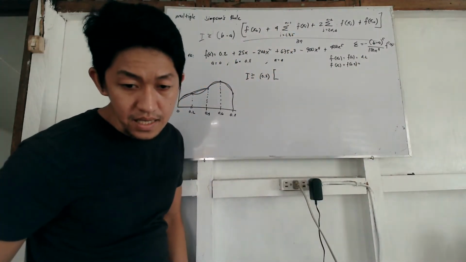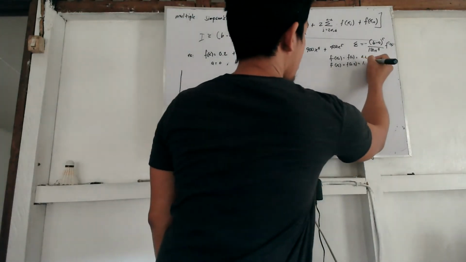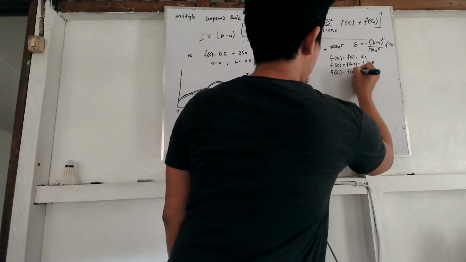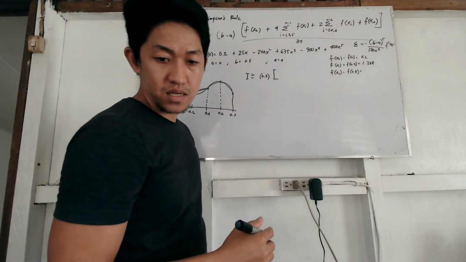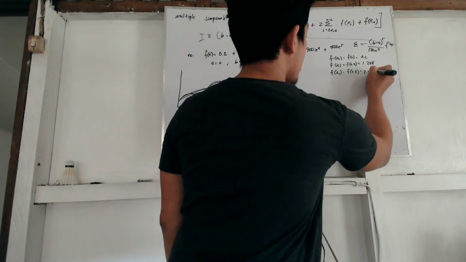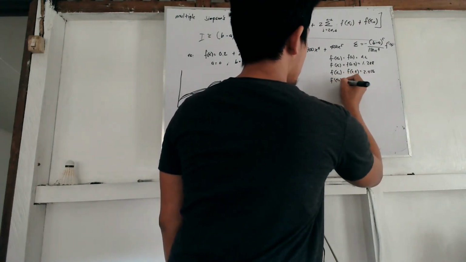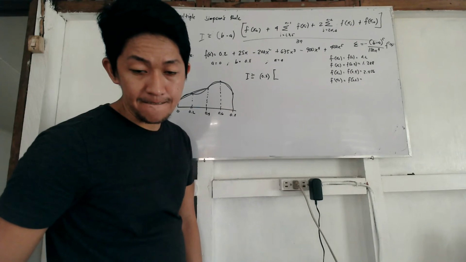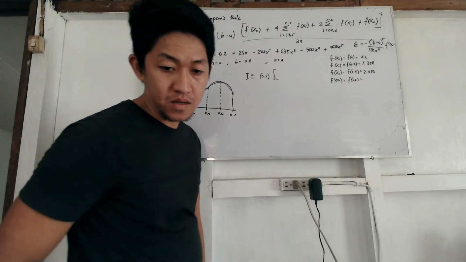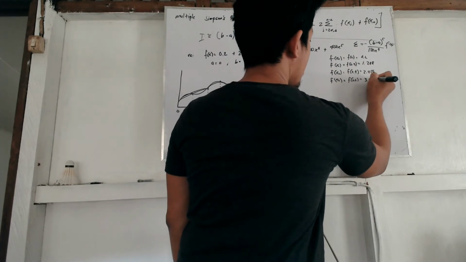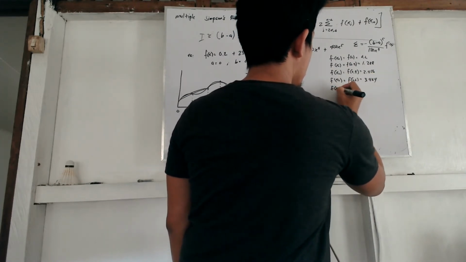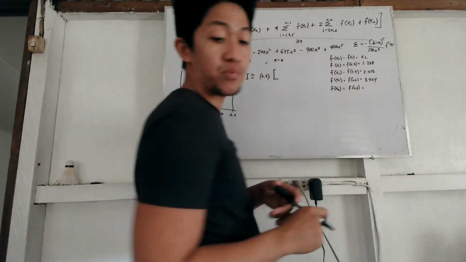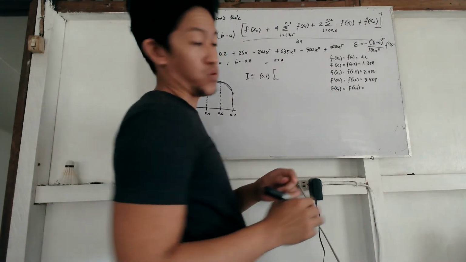So the value for that is 1.2. f of x sub 2, f of 0.4 is 2.456. f of x sub 3, f of 0.6, that is 3.46, and f of x sub 4, at 0.8, is 0.232.